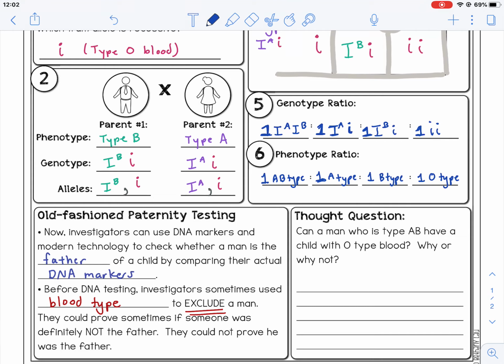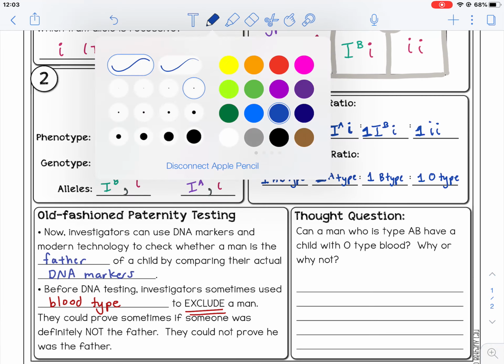Okay, thought question. Now, I'm not going to give you the answer to this. I'm going to check your answer here, but I will talk through it for just a moment. So, can a man who is type AB have a child with type O blood? Why or why not? So, you might want to make a Punnett square there. I would suggest making a Punnett square. Okay.